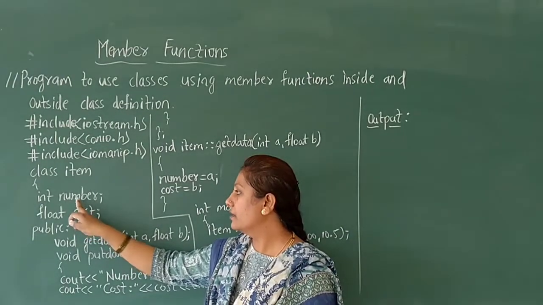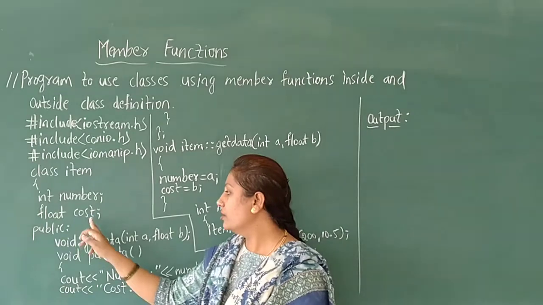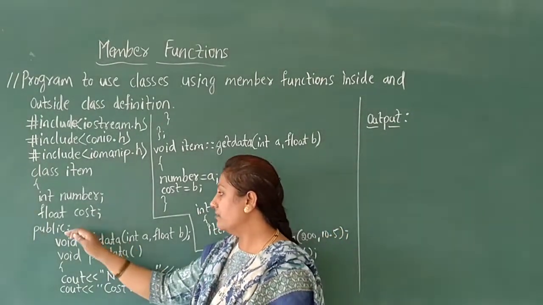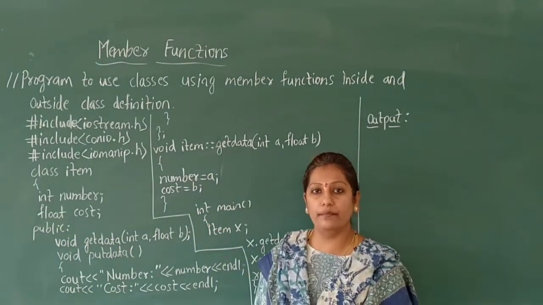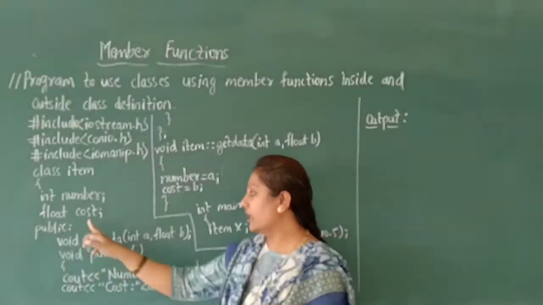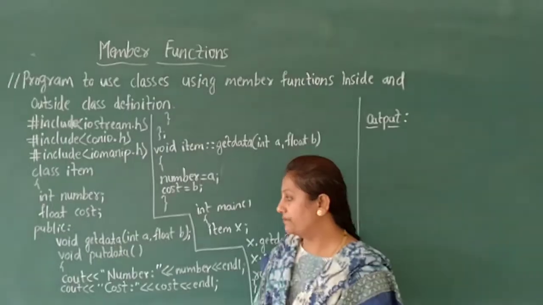The number data member holds an integer value, the cost data member holds a floating point value. We take cost as float because sometimes the cost variable represents decimal point values. Therefore, the cost data member is declared with the data type float.